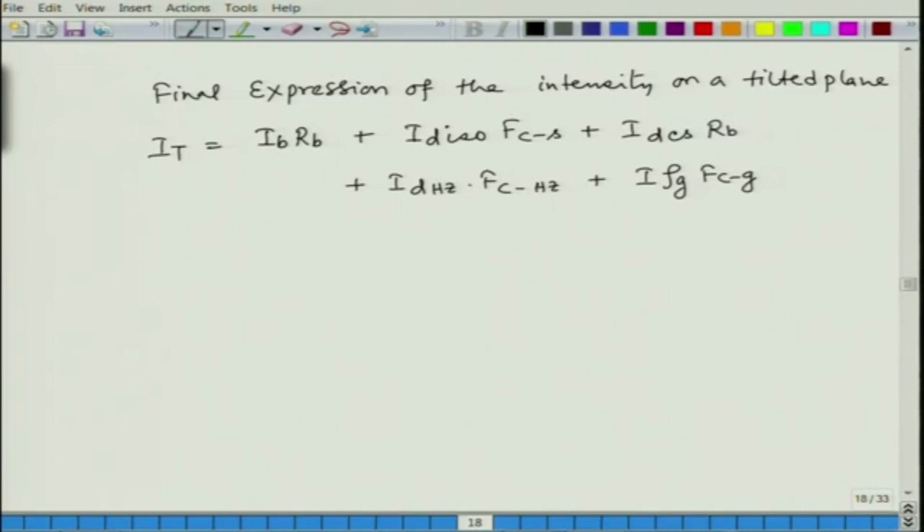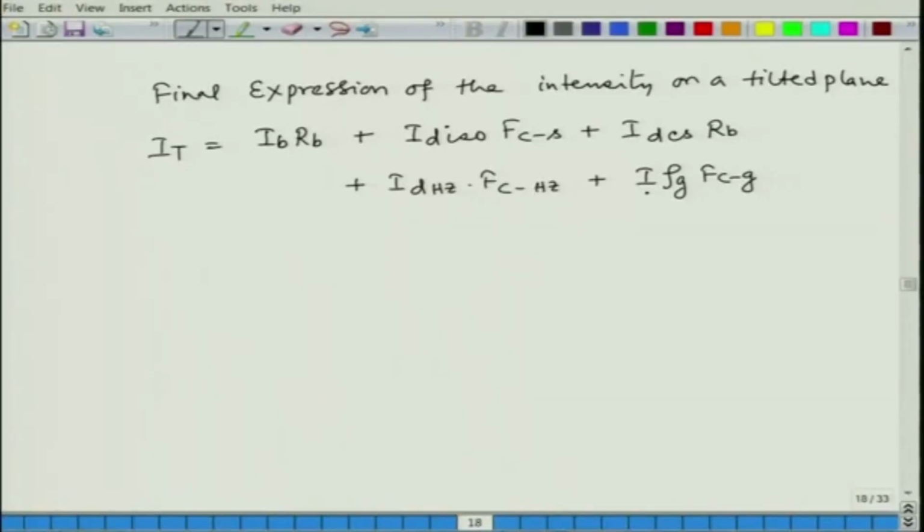This last term represents the reflected part from the ground, the horizontal plane around it, and I here stands for the horizontal plane value of the total radiation, and rho g is the average reflectivity of the ground plane, and the corresponding view factor is FCG. So, this is where we stopped in the last class.